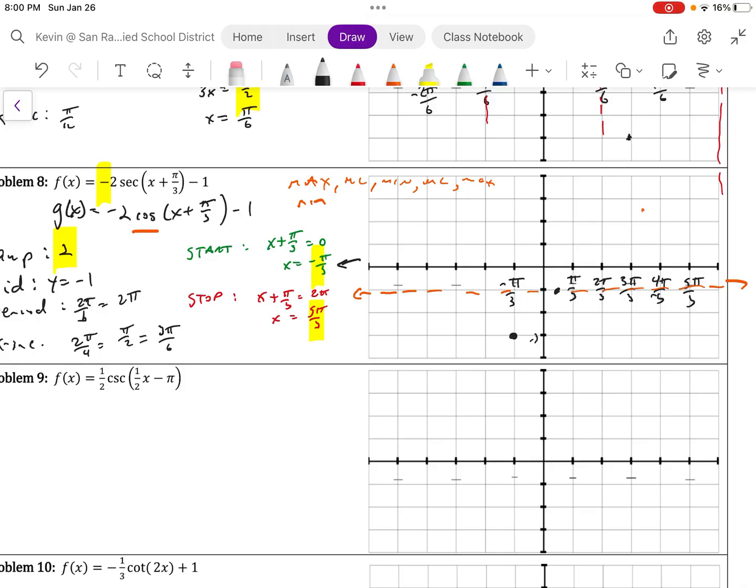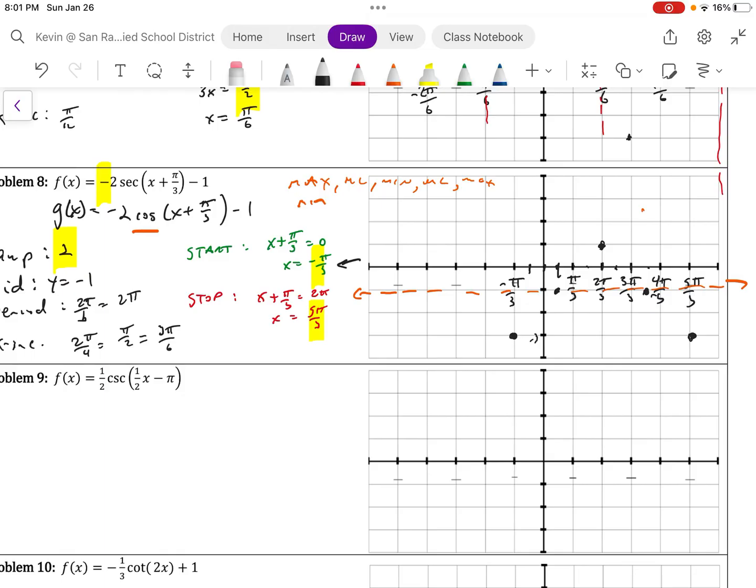And then I'm going to come over here to 2 pi over 3, and that's going to be up 1, 2. That's going to be here. Okay, so this is right here. That's pi over 6, 2 pi over 6, 3 pi over 6. And then 1 pi over 6, 2 pi over 6, 3 pi over 6.